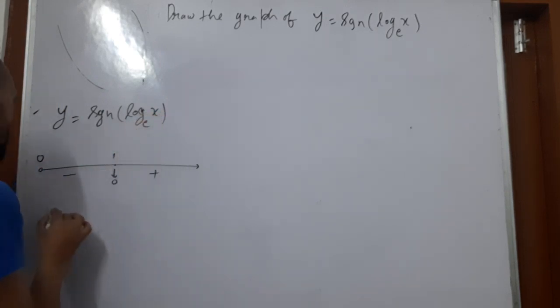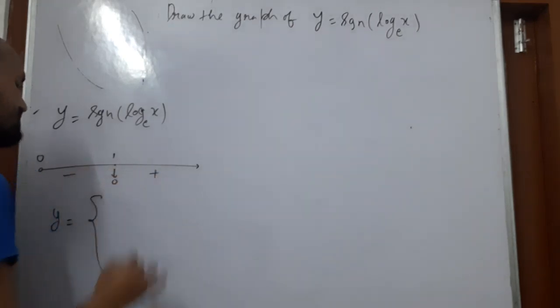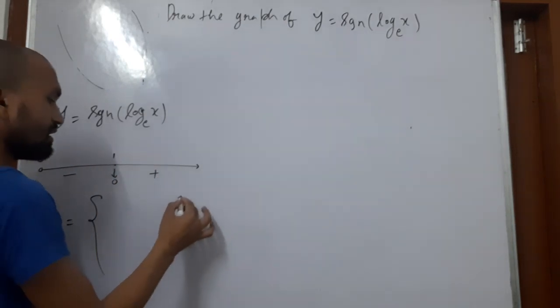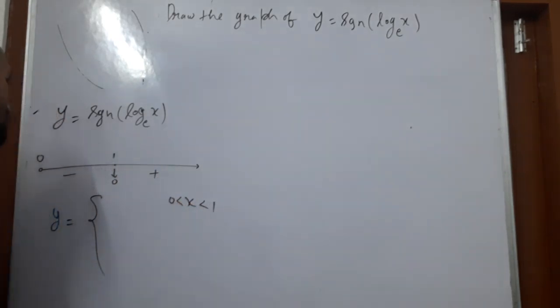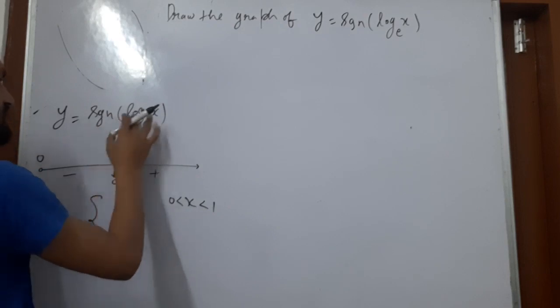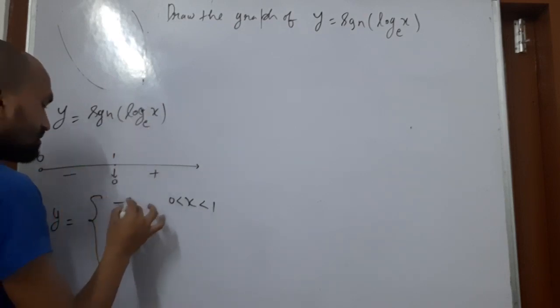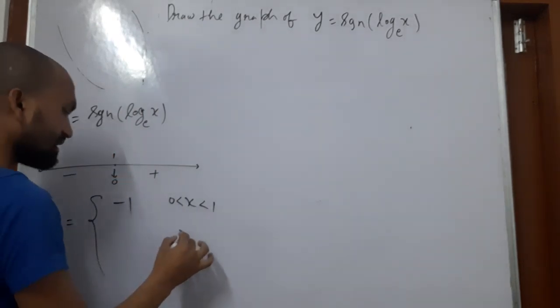So we should know the value of y for different conditions of x. When x is greater than 0 and less than 1, log x will be negative, and signum of negative is always minus 1.